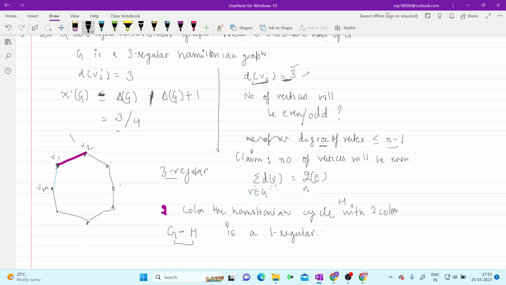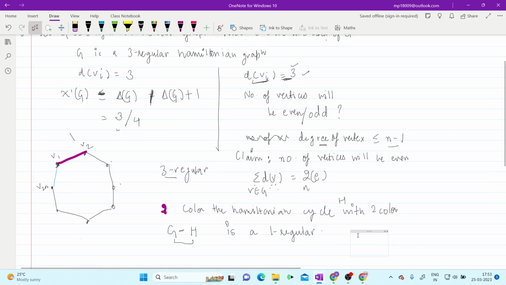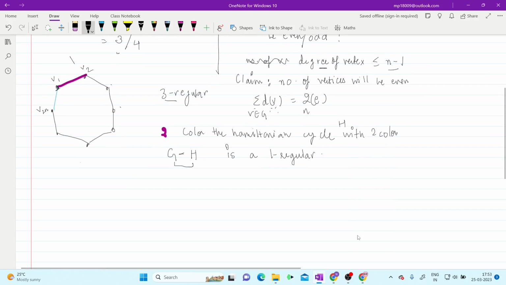And what is a 1-regular graph with even vertices? What is the only possibility of a 1-regular graph with even vertices? Basically we have 2n vertices. Suppose we have 6 vertices, and the graph is 1-regular. That means the degree of each vertex is 1.